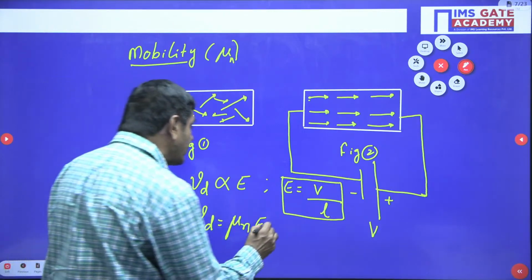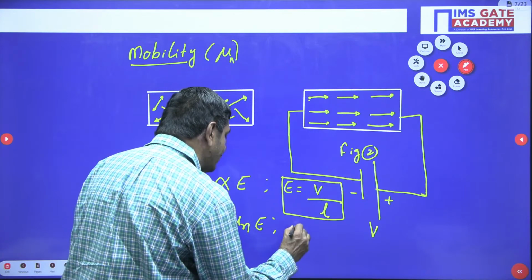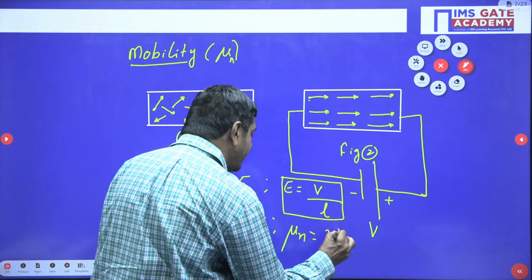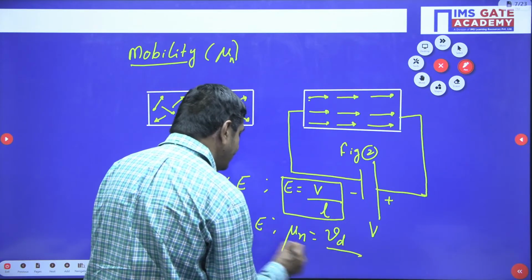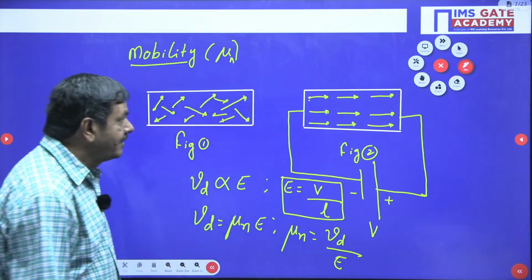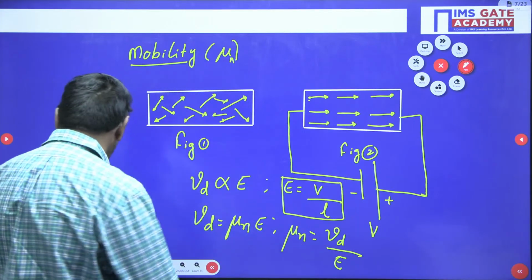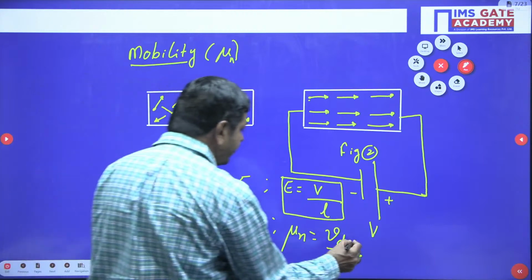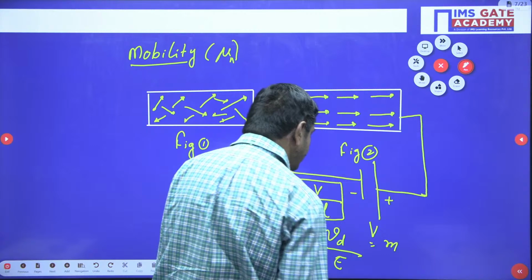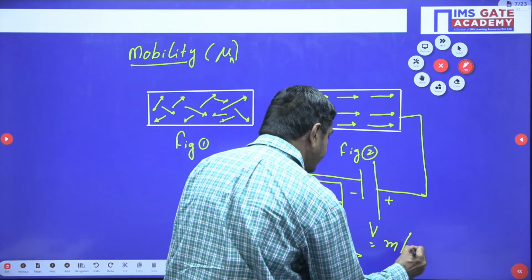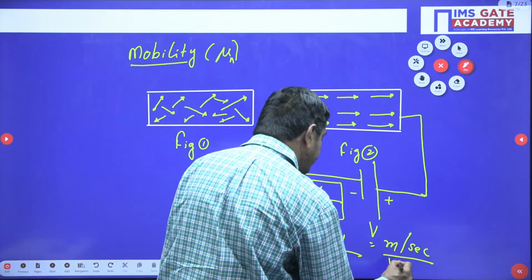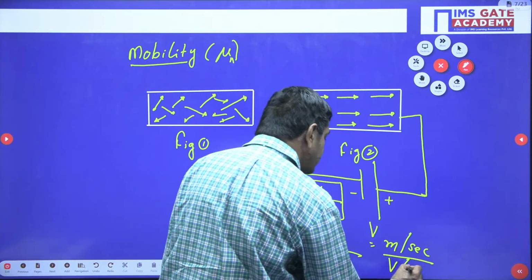So if you want to calculate the mobility of electrons in a conductor, you use the formula drift velocity divided by electric field intensity. Drift velocity is in meters per second, and electric field intensity is in volts per meter.